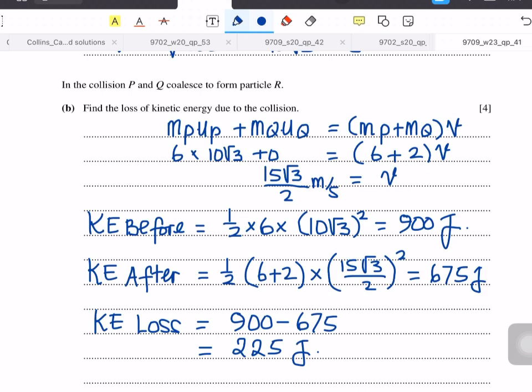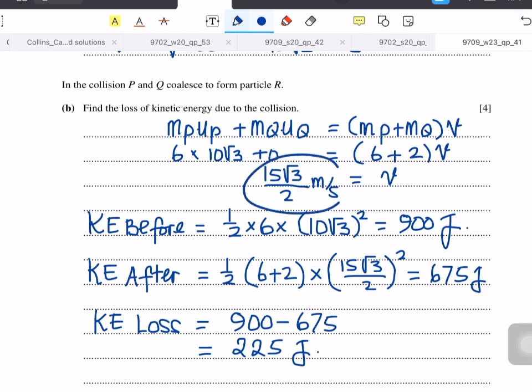So we can calculate the kinetic energy before collision. Half times the mass of P, 6, times 10 square root of 3 squared. The result is 900 joule. And then the kinetic energy after collision, because P and Q coalesce after collision, so the mass is 6 plus 2, times V squared.